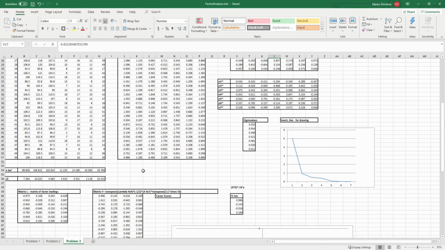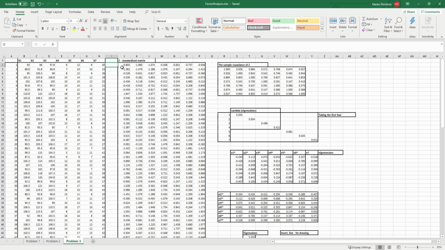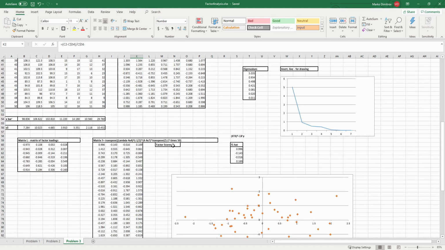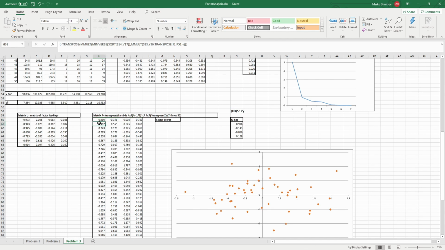Then A, in this case, A is this matrix Z. Let me put it like this. So this is A, this matrix. You can see it's 4 times 4, 4 times 7, 7 times 50, and you get 50 times 4, because everything is transposed. It's 4 times 50, and when you transpose everything, it's 50 times 4.